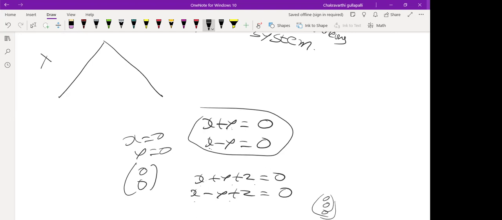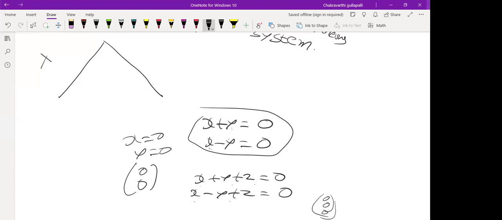The question is: is this the only solution, or are there any other x and y which will satisfy the system? Is the 0 solution the only solution, or is there any other solution apart from the 0 solution?